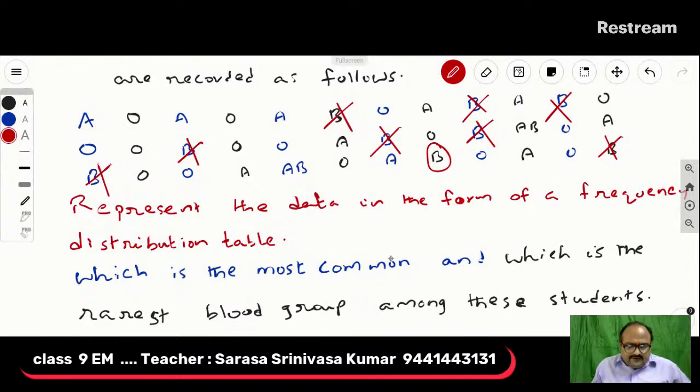So 9 students have blood group B. The frequency of blood group B is 9.